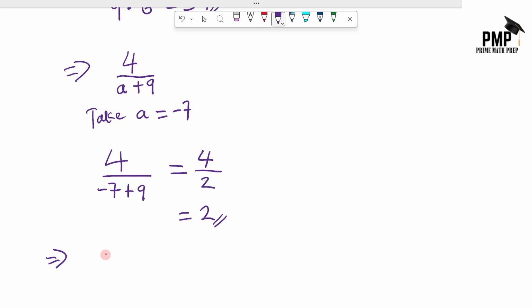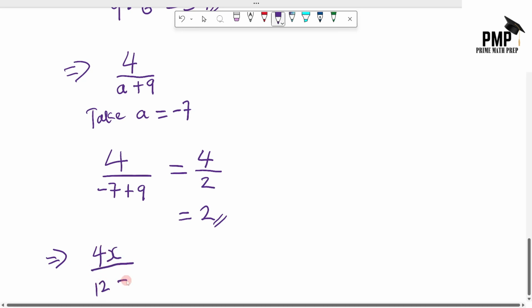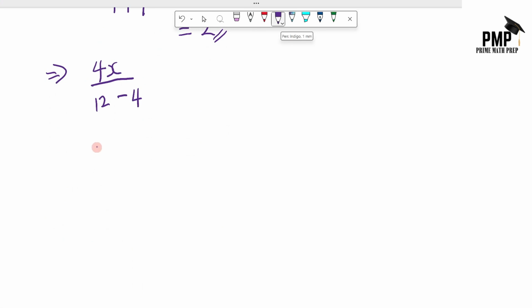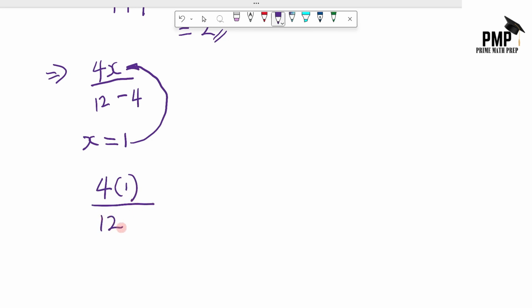What if we are now given an algebraic fraction expression, whereby the variable is 4x divided by 12 minus 4? If you are told to take x to be equal to 1, we'll substitute this x into this. This will now be 4 multiplied by 1 divided by 12 minus 4. 4 multiplied by 1 is 4.